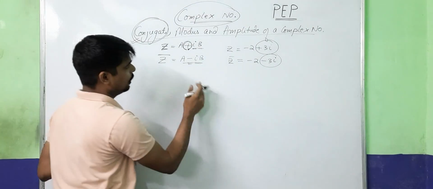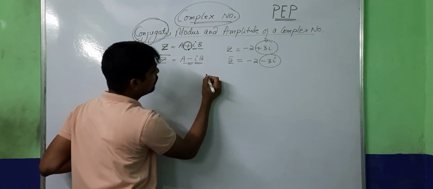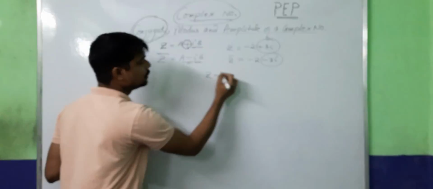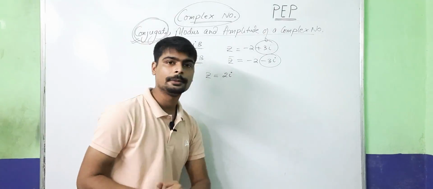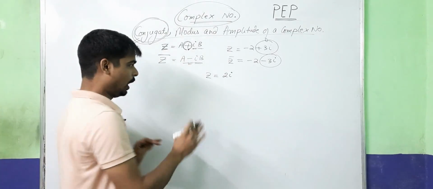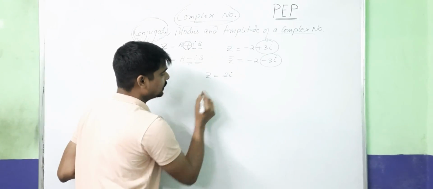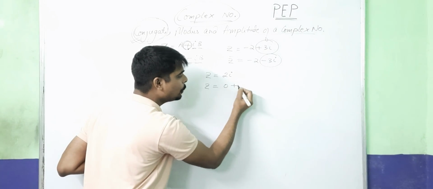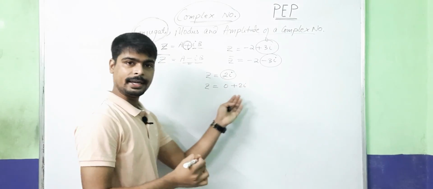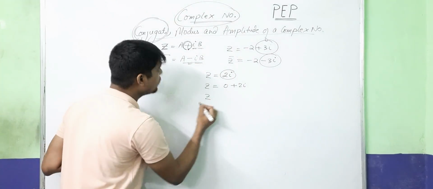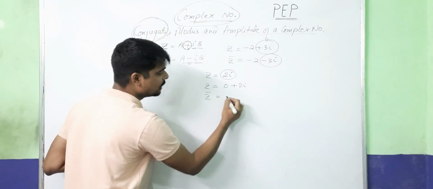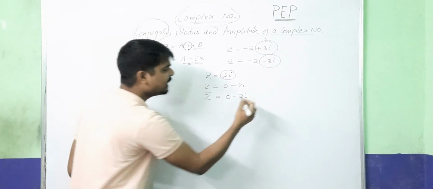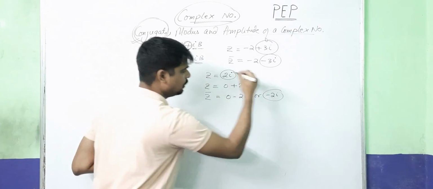Another example, z is equal to 2i. What is the conjugate of 2i? Since I have already told you that if there is no real part, we have to take the real part as 0, it is 0 plus 2i, and hence its conjugate will be 0 minus 2i, or we can write only minus 2i.